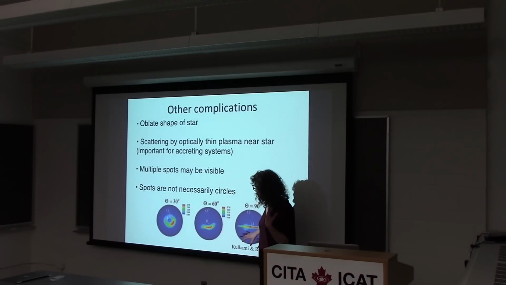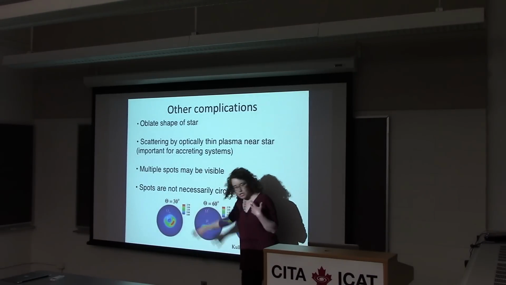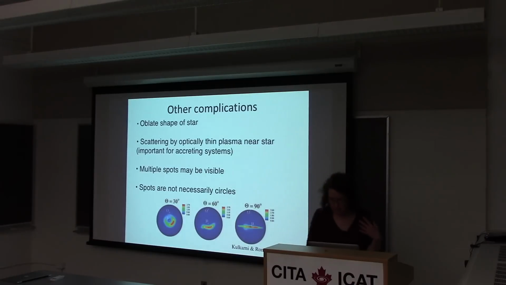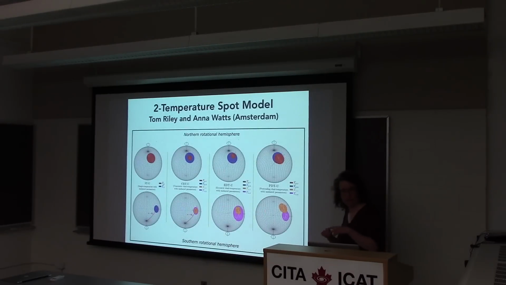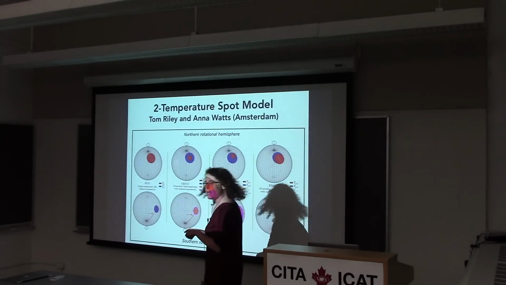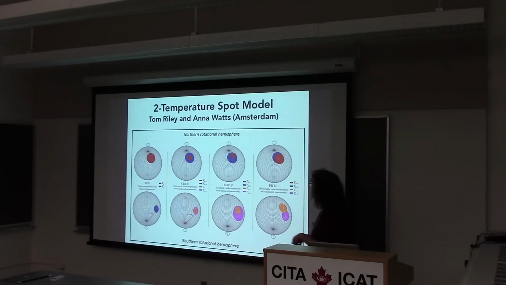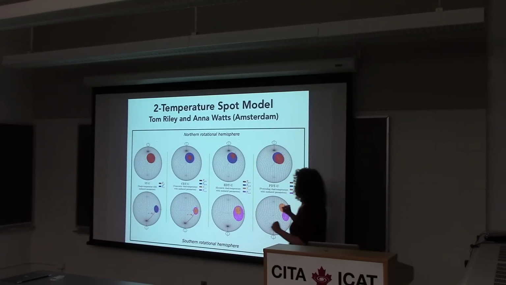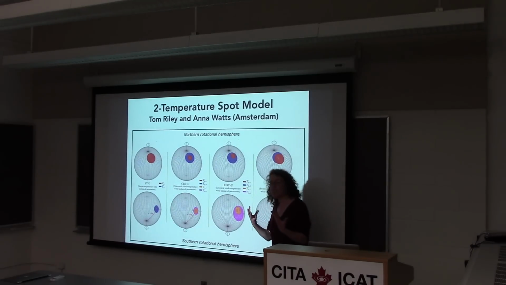Some simulations would suggest much more complicated shapes. So the Amsterdam group, Tom Riley and Anna Watts, have come up with a nice method for making more complicated spots out of basically two spots that are circles with different temperatures, overlaid in different ways. And so these are kind of free parameters that end up going into the system.